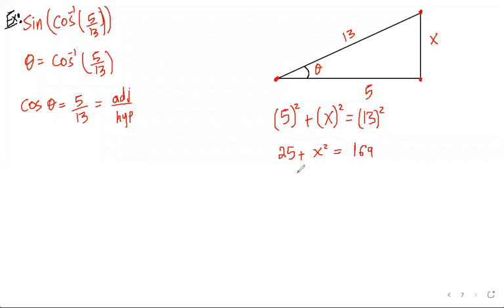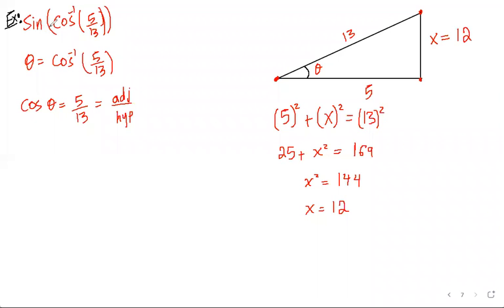Subtract the 25 from both sides, so x square equals 169 minus 25, which gives me 144. Take the square root for both sides, x equals 12. So the value here for x is 12.